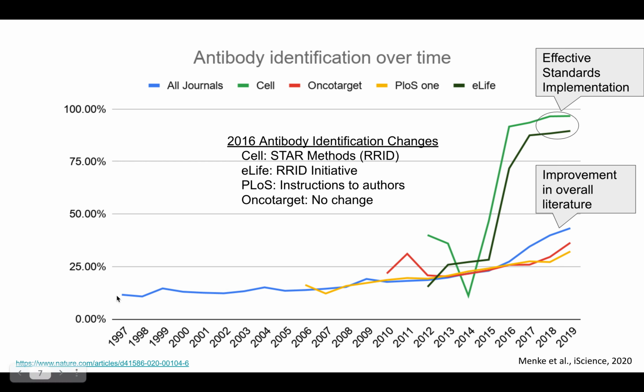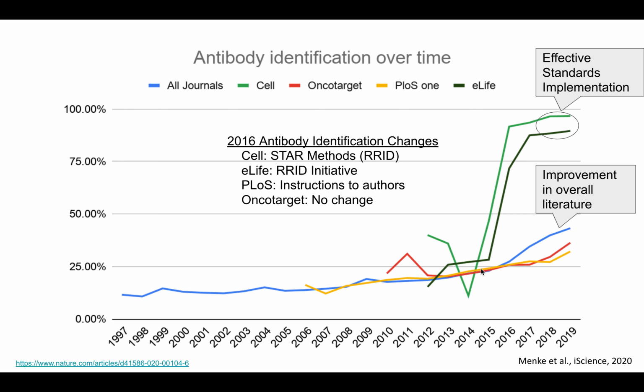And it was about 10 to 15% back in the 90s. And you can see that this blue line, the overall literature, actually increases to about 25% somewhere in the 2015-2016 time period. And then there's really this nice big deflection towards more identifiability, towards more catalog numbers.